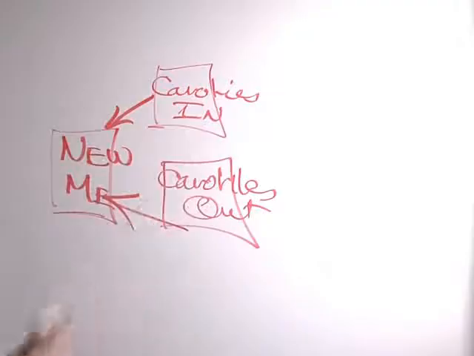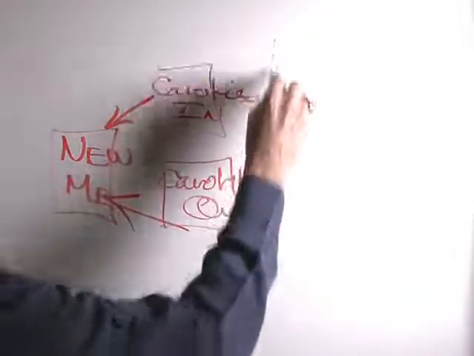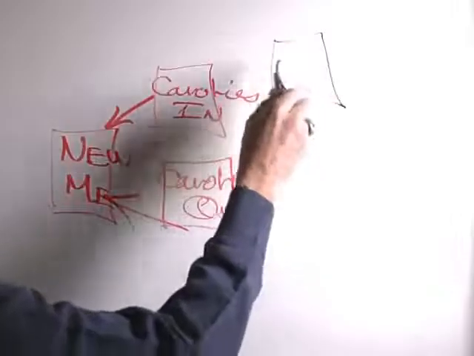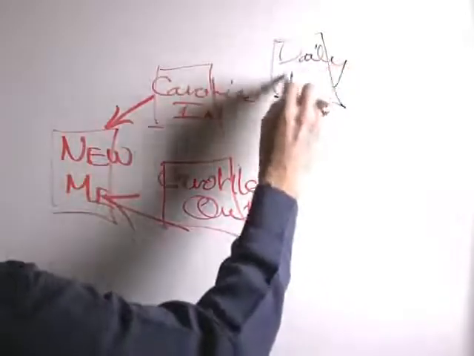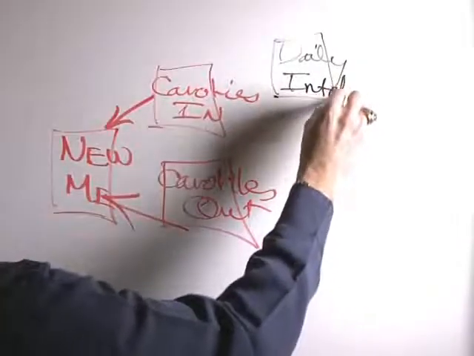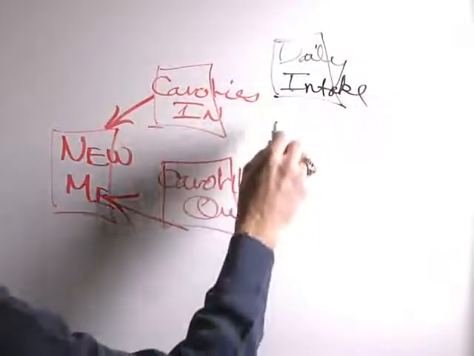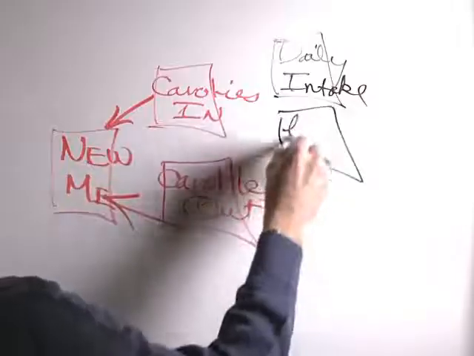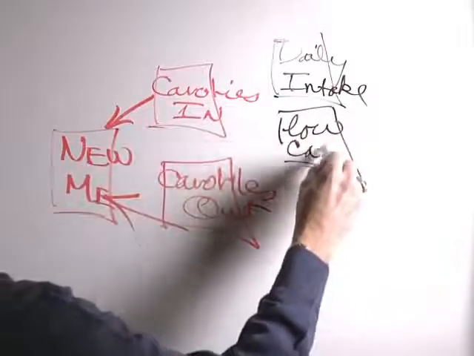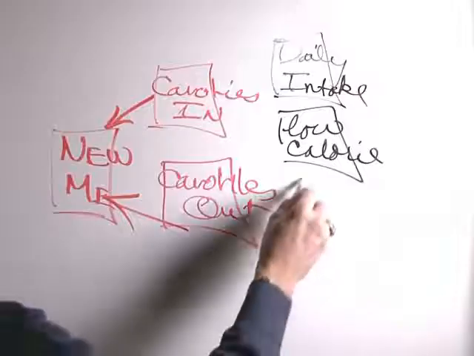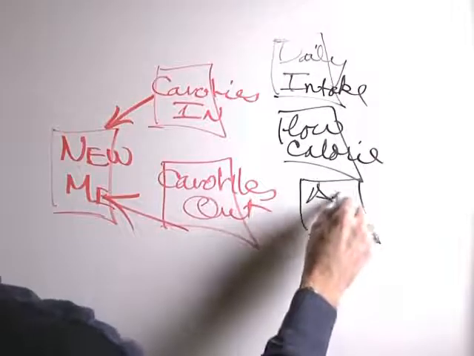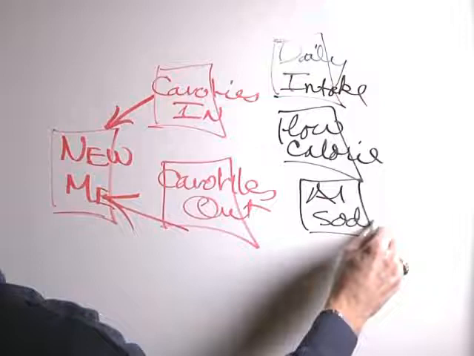Now, what are the things that drive those? Well, you could look at such as the daily intake of calories. You could look at substituting low-calorie options for food. You could look at the amount of alcohol and soda you take in.